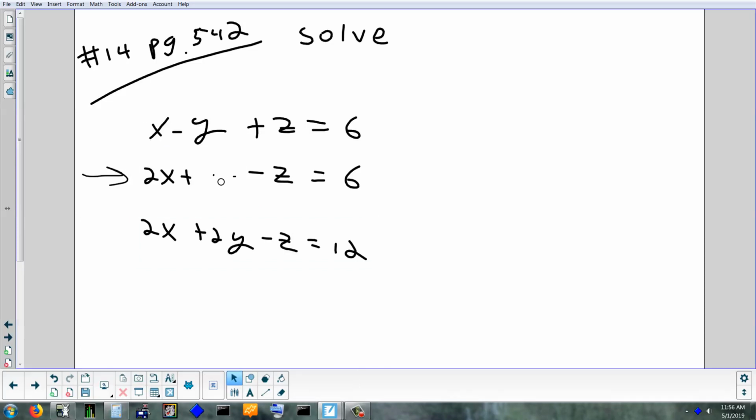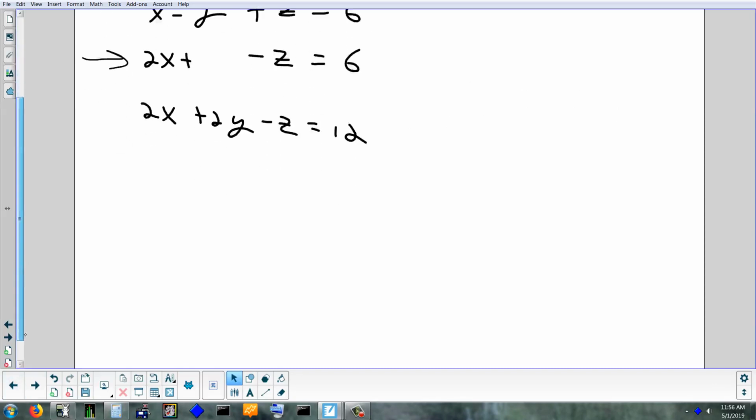So any questions on that? All right, so on the test tomorrow, the kind of word problem you're going to have is going to involve 2 variables and 2 equations. It's going to be something like a ticket sale problem.